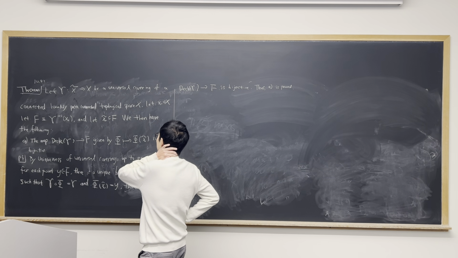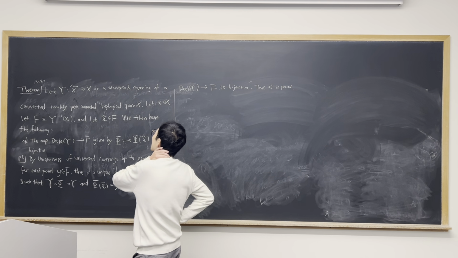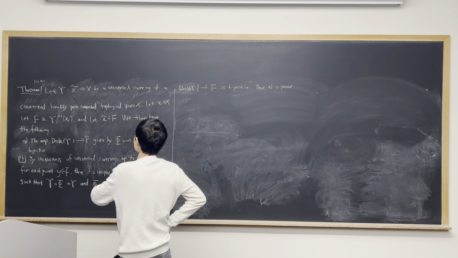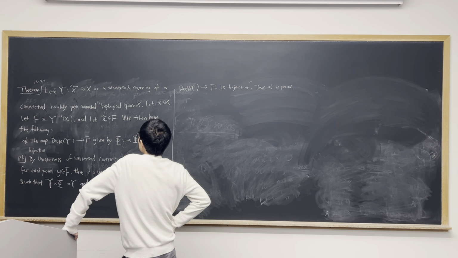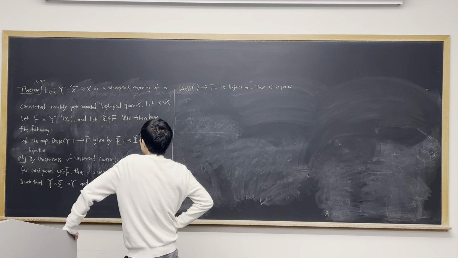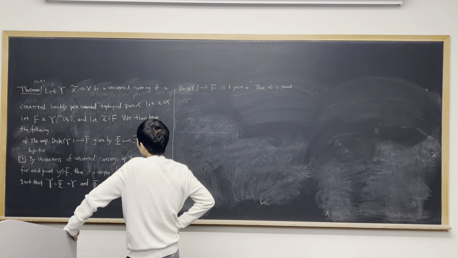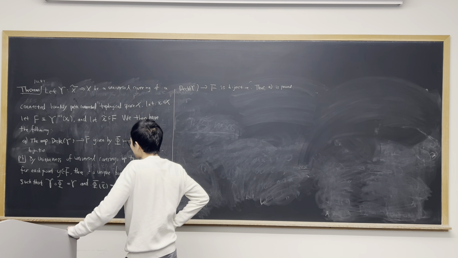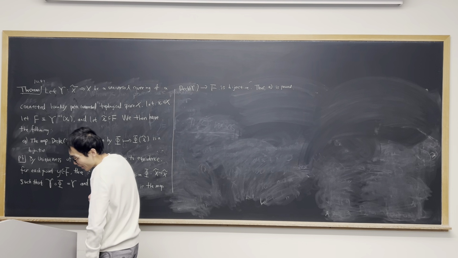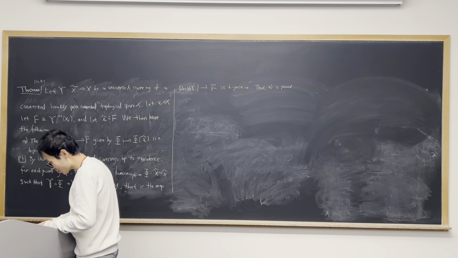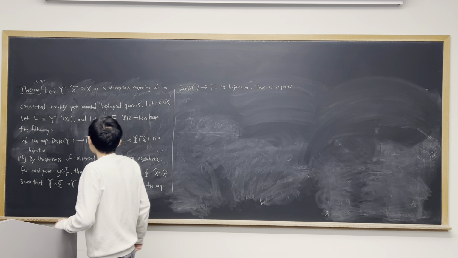What do we have here? We know that this X is locally path connected, right? And then gamma is a universal covering space. Wait, what is that? Gamma, okay. Let me think.